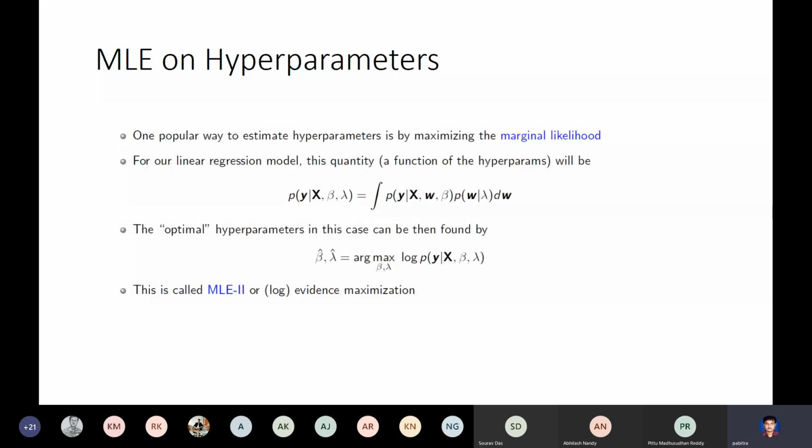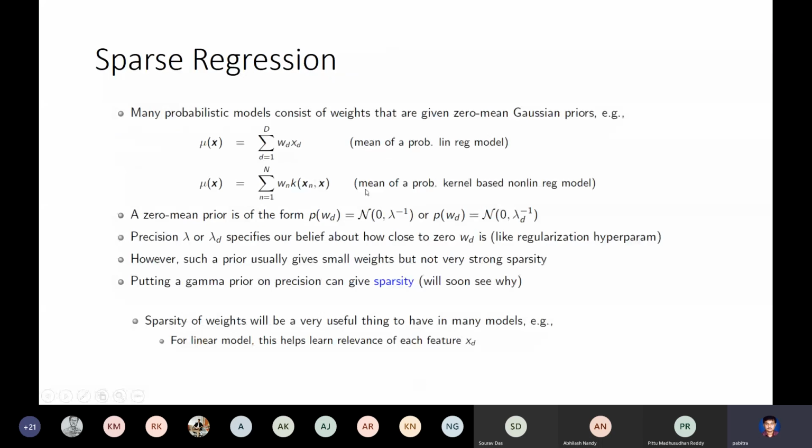Okay, so this general framework can be extended to sparse regression, where you have a prior over the individual components of the weight vector W1 to WD, and each of them is close to 0. You have different dispersions for each of them. You can make them as sharp as possible.